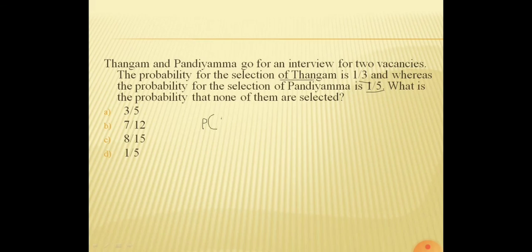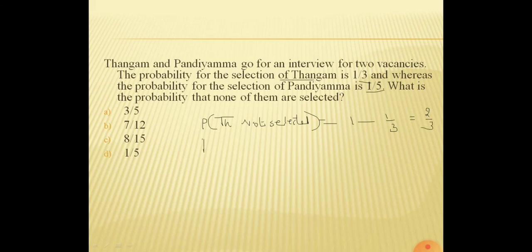So what is the probability that Tangam is not selected? The probability of Tangam selected is 1 by 3. So the probability of Tangam not selected is 1 minus 1 by 3. P of not A is 1 minus P of A. So 1 minus 1 by 3 is equal to 2 by 3.